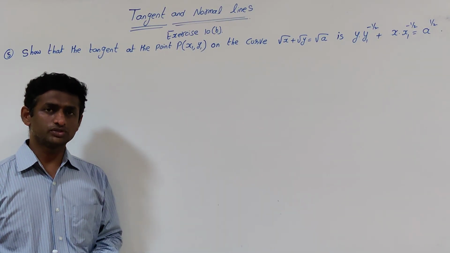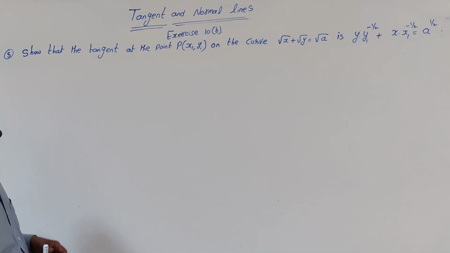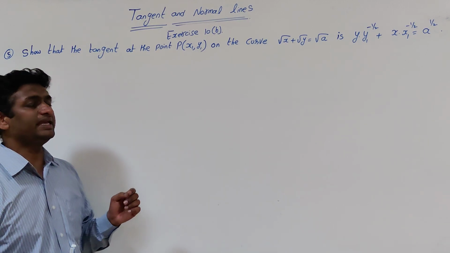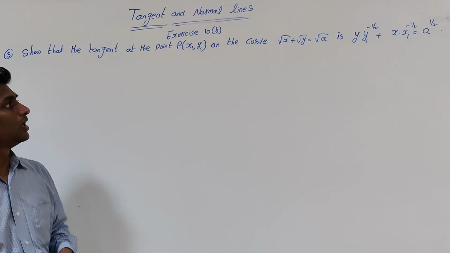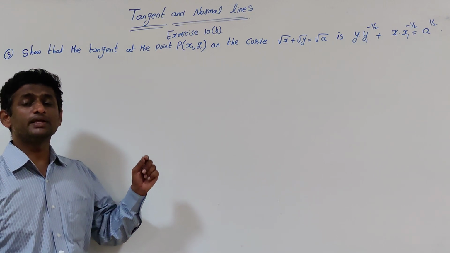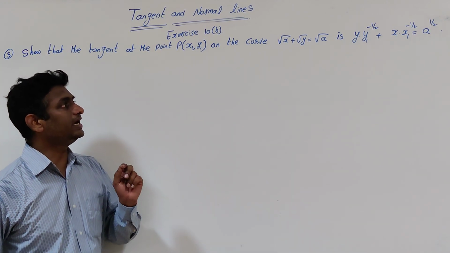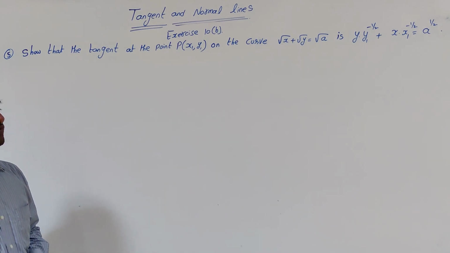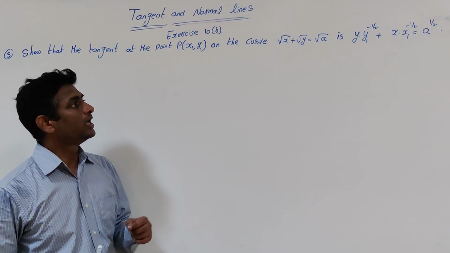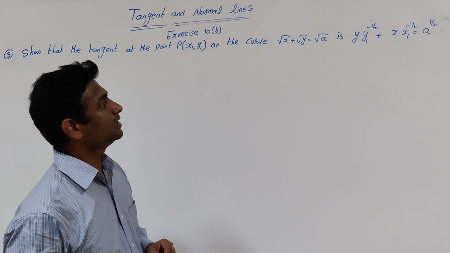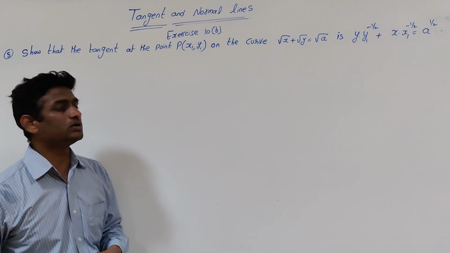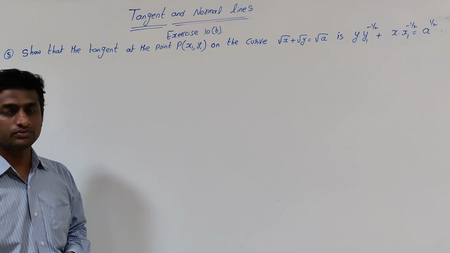Now we'll see the next question. Show that the tangent at the point P(x1, y1) on the curve root x plus root y equals root a is y times y1 to the power of -1/2 plus x times x1 to the power of -1/2 equals a to the power of 1/2.